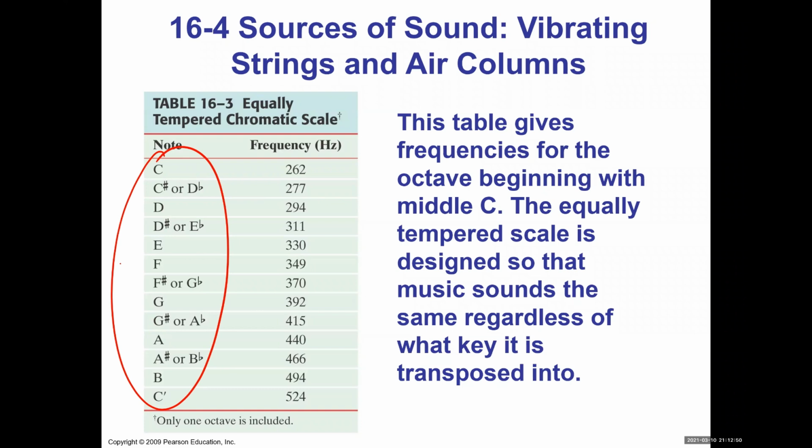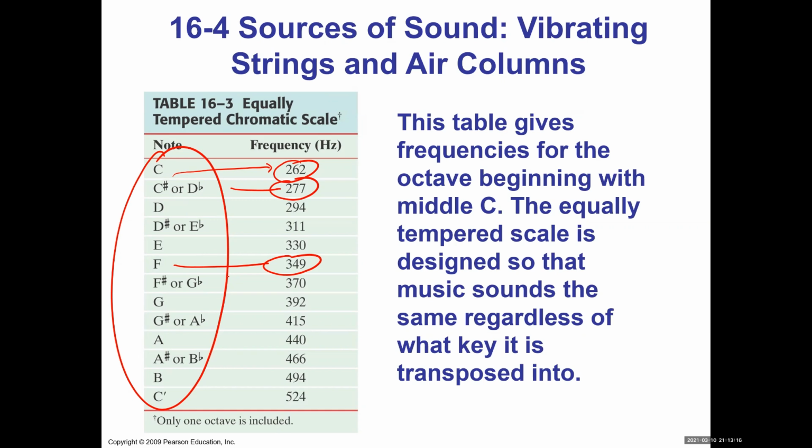If there's an example that you need to reference, you can always look at it. So C is 262 hertz, C sharp is 277, and F is 349, and so forth. So when you play an instrument, you use those notes, and every note has a different frequency. That's why the sound sounds the way it does.